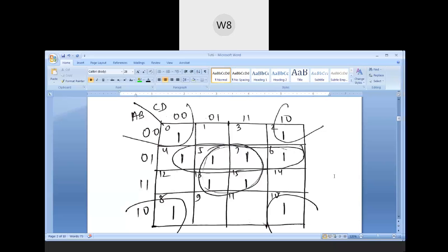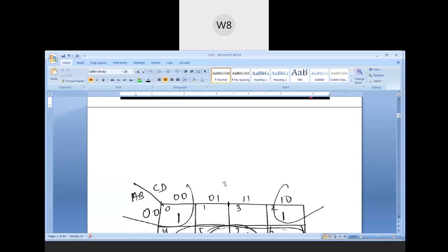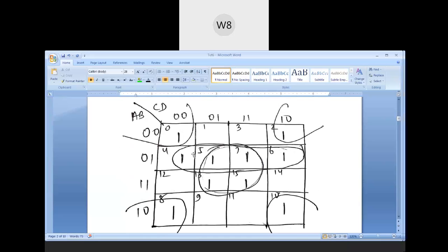And then what we do, we fill this map for all those cases which are mentioned here as the min terms. So these are the min terms, M0, M2, M4, so on and so forth. So for all these min terms, the function value is going to be 1. So all those cells which designate the given min terms will be filled with 1.